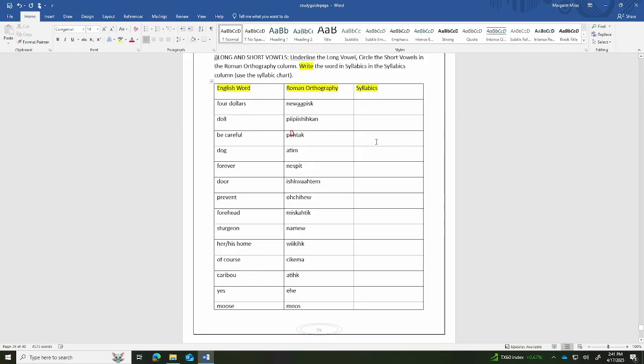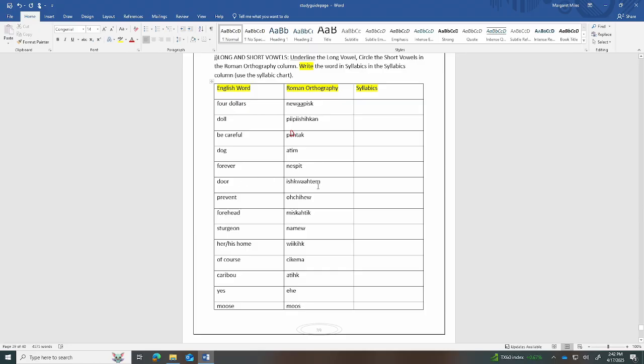You can see that in the red, the letter E is circled for short because it is a short vowel, so you circle the short vowels. Dog, Atim. Forever, Nesbit.